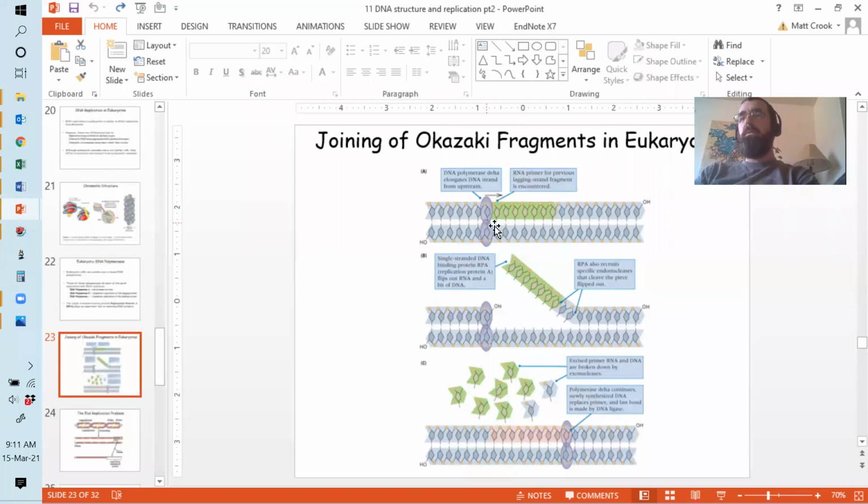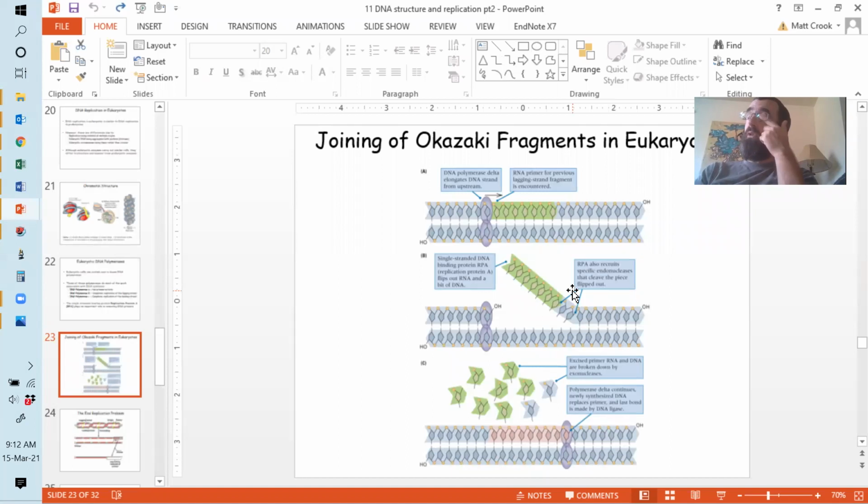And we've got our DNA polymerase. It's run up and it's hit the 5' end of the RNA primer for the previous fragment, right? The previous Okazaki fragment. Okay, and so essentially what happens here is that this RNA primer is leveraged out by the replication protein A, right?